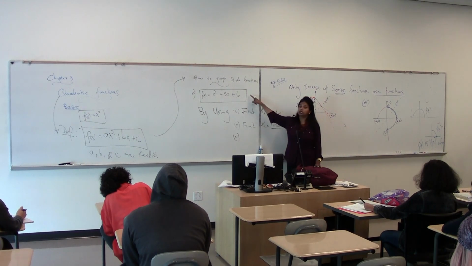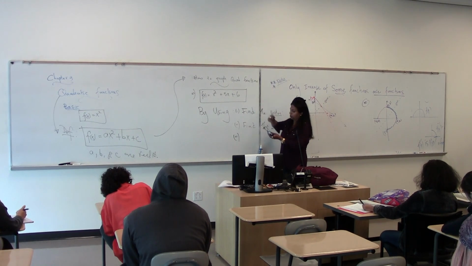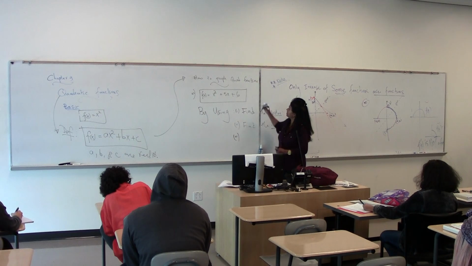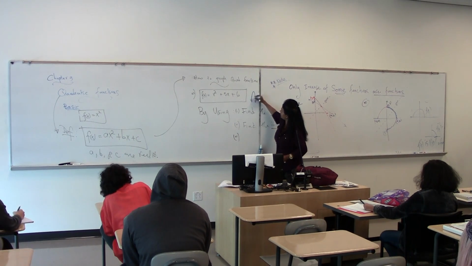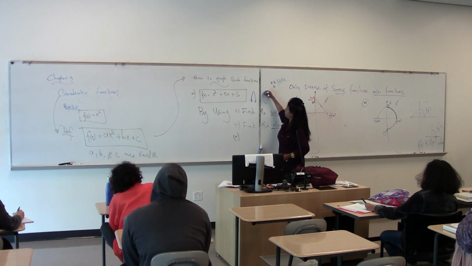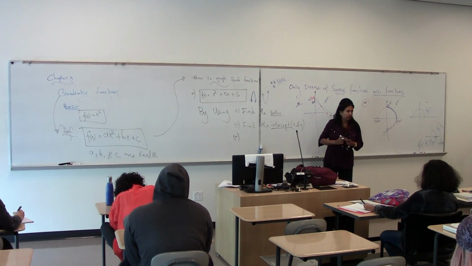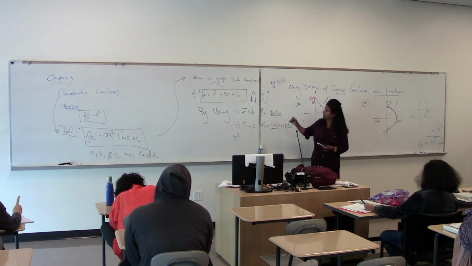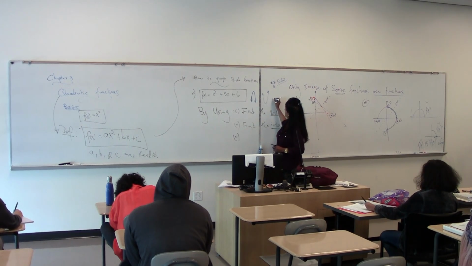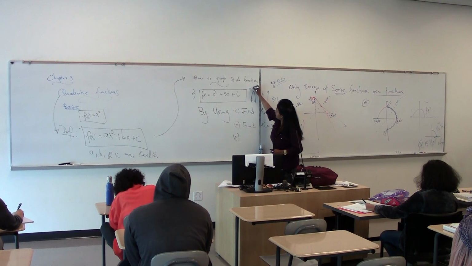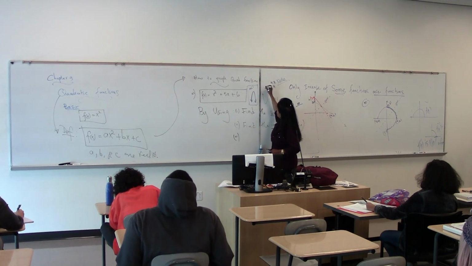This is going to be a parabola going upward or downward, a smooth curve. It goes upward if a is greater than 0, downward if a is less than 0. So you know these two scenarios already.